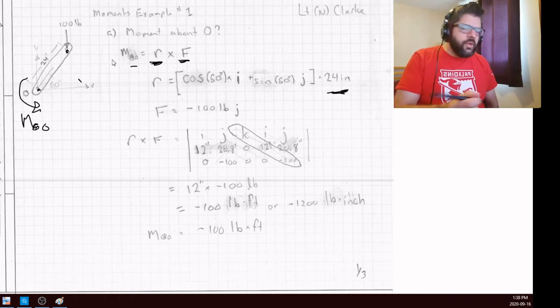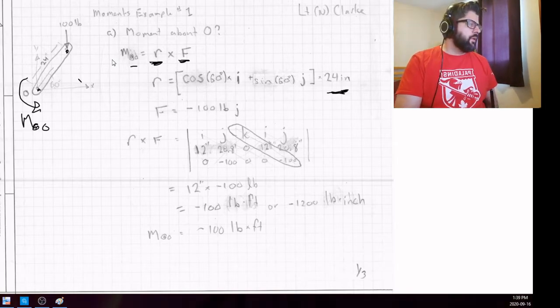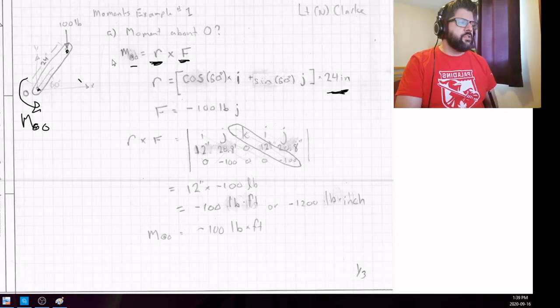To be thorough, we can use this methodology here. So our I, J, K, and then just repeat the I and the J so we can do our determinant without having to cross these boundaries.